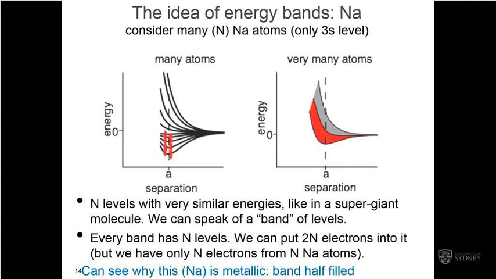So you can see, if you draw it this way, that sodium is metallic, because just a little bit lower in energy you've got all filled levels, and just the next level up is empty. So the electrons can easily conduct. They can easily jump up to the conduction band and move around in the crystal.